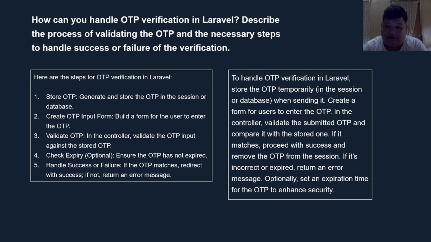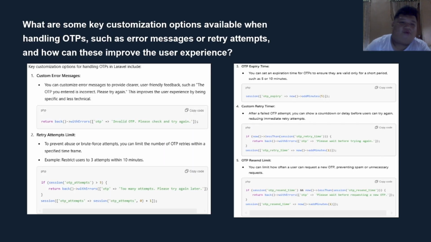To handle OTP verification in Laravel, store... then na po. Then, what are some key customization options available when handling OTP, such as error messages or retry attempts, and how can they improve the user experience? Key customization options for handling OTPs in Laravel include custom error messages.